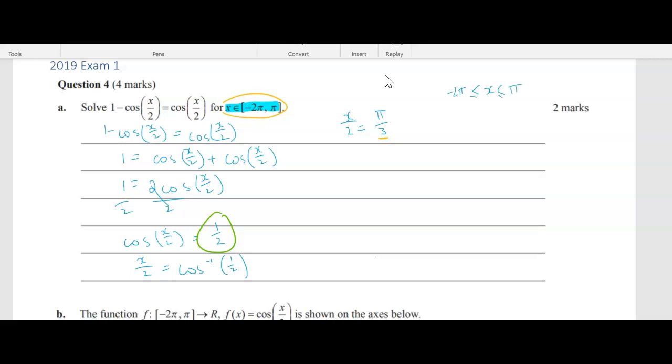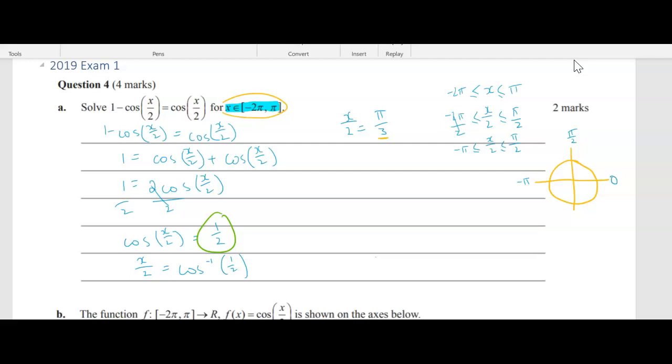So if we're looking at x on 2, we need to be looking between negative 2 pi on 2 and pi on 2 for our solutions. So effectively, we're going to be going from negative pi to pi on 2. All right, so let's get our unit circle out, as if I keep it in my pocket. All right, so negative pi is here, and pi on 2 is up here.